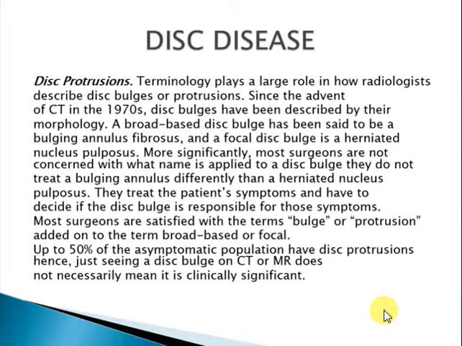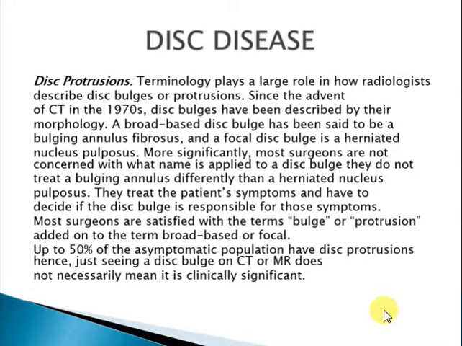But more significantly, most surgeons are not concerned with the name applied to the disc, because the surgical treatment will not differ if it is a bulging disc or a herniated nucleus pulposus. They treat the patient's symptoms and have to decide if the disc bulge is responsible for those symptoms. Most surgeons are just satisfied with terms like bulge or protrusion, adding on the term broad-based or focal.